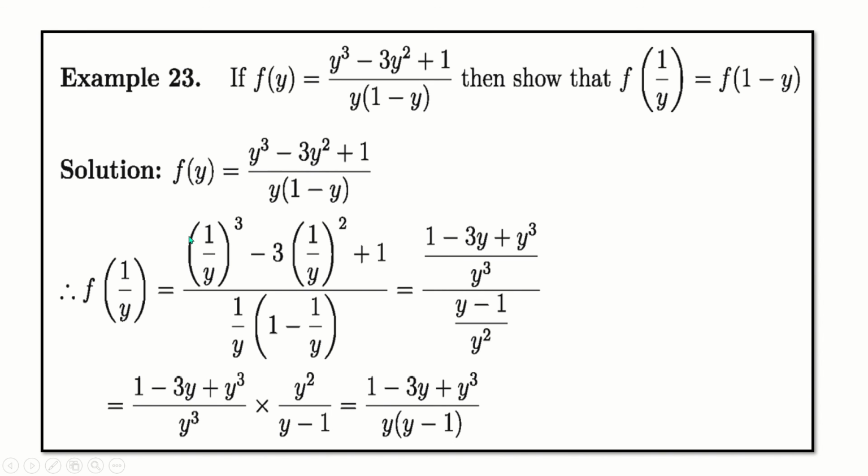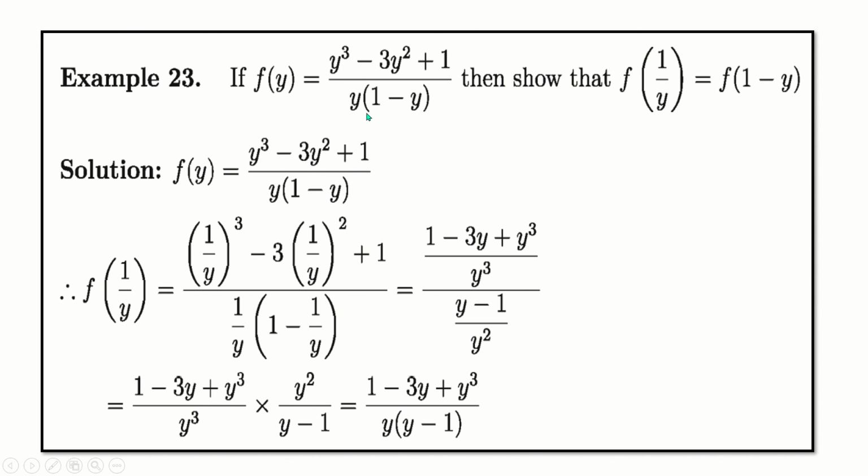After calculating, here will be 1 by y cube, the LCM will be y cube. So here 1 minus 3y plus y cube, and here will be y minus 1 by y square. After calculating, we'll get 1 minus 3y plus y cube by y into y minus 1.